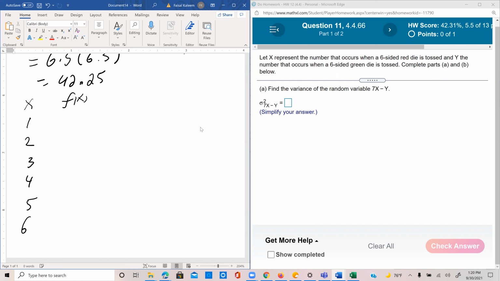And each number has probability of 1/6 because there are 6 numbers. Each one is equally likely.